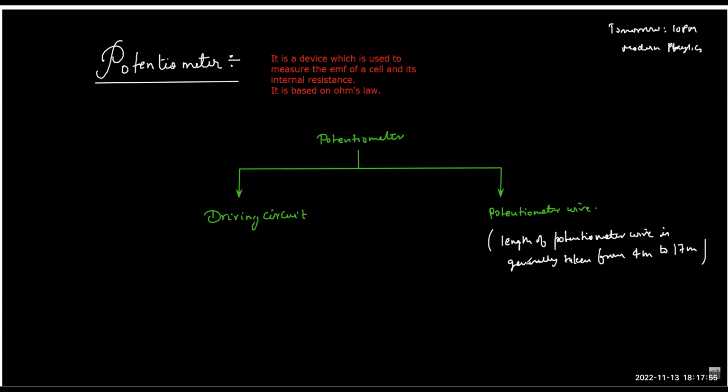So in an actual lab, when we try to create this device, the potentiometer wire is taken up to this much value, depending on the lab size and the size of the bench.